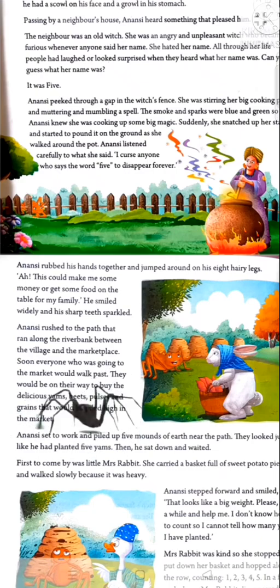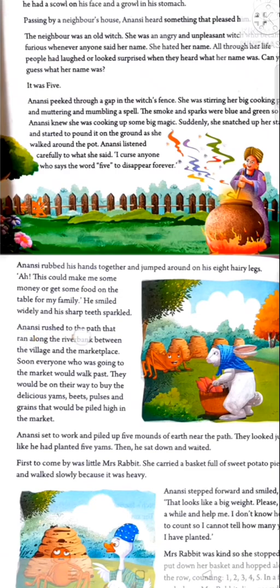So in joy he jumped around on his 8 hairy legs, and said that by applying this magic, I can get some money or food for my family. He smiled widely and his sharp teeth sparkled, meaning he was very happy.